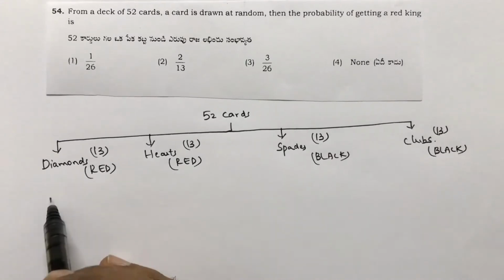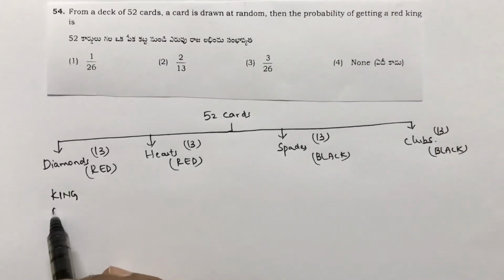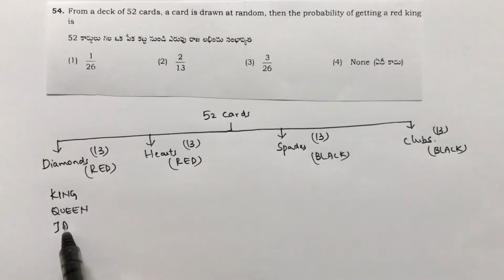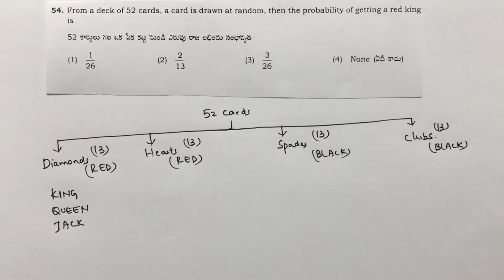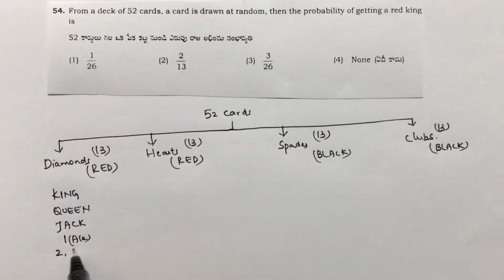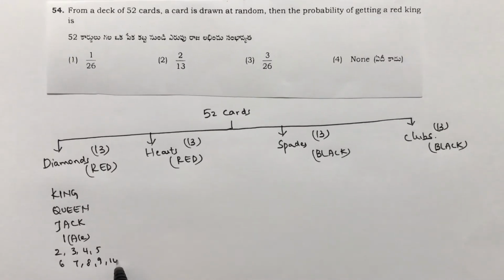Now see, in each suit again there are king, queen, jack, and the next one, 1, we'll call it ace. Then 2, 3, 4, 5, 6, 7, 8, 9, 10.